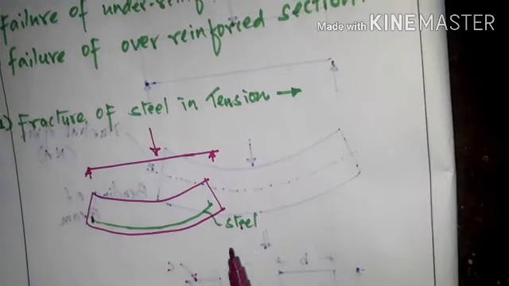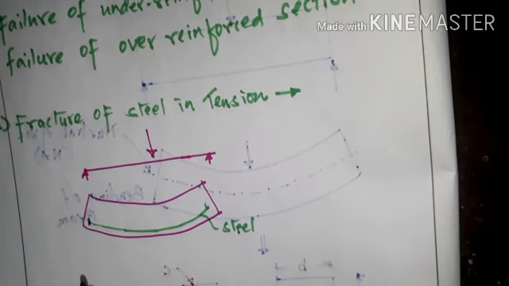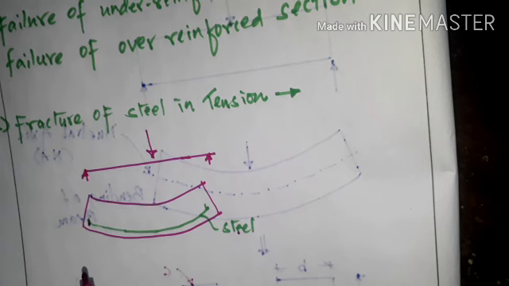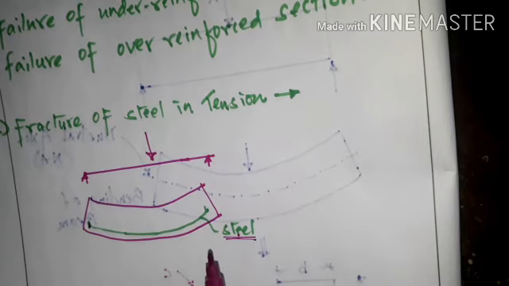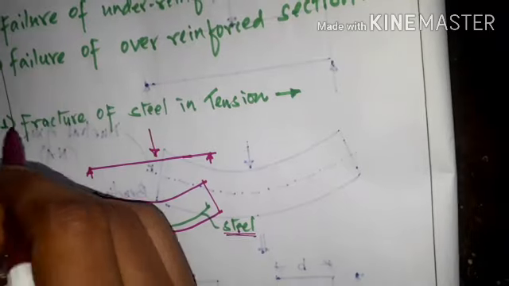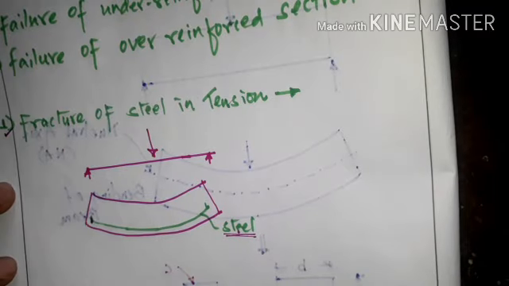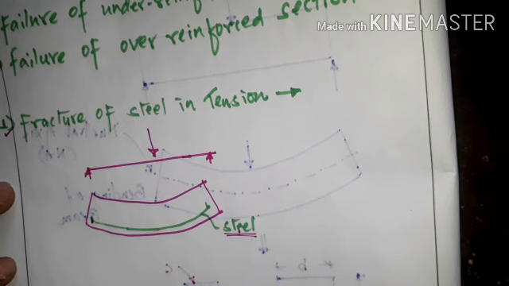So if the steel is less than the minimum steel as per the code, it is not capable of bearing the additional stresses which are going to be transferred. So at that time the section has to fail due to fracture of steel in tension. That is what is called fracture of steel in tension.